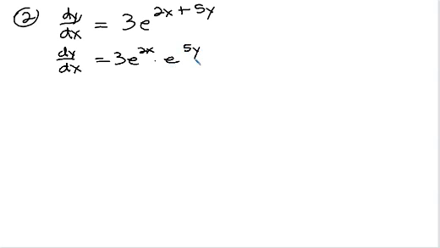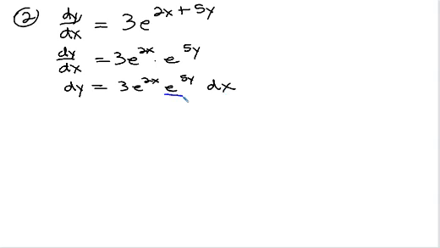Because now I can multiply both sides by dx. And you can do that mentally if you want. dy equals 3e^(2x) e^(5y) times dx. And if I want to get my y's together, I need to divide both sides by this.